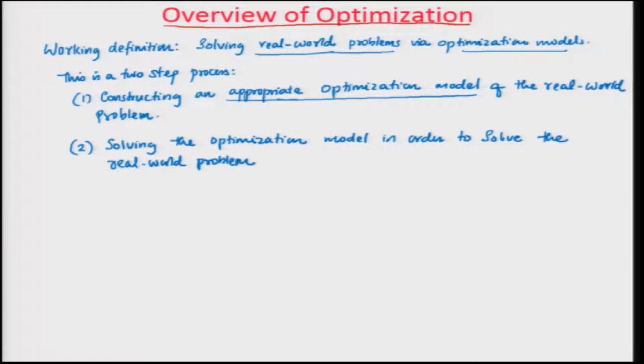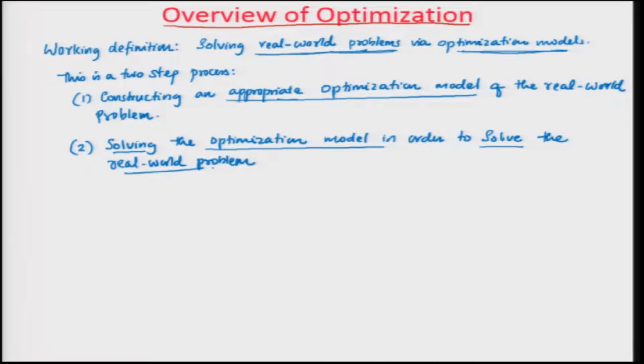So the second step is you solve the optimization model, which is the approximation of the real world problem, and once you solve this one, you will actually end up solving the real world problem. That is what is called optimization. So optimization in a way is that you solve the real world problem by solving the optimization model.